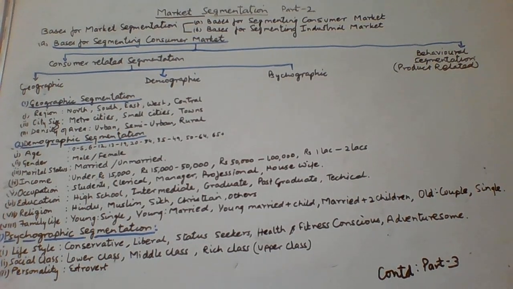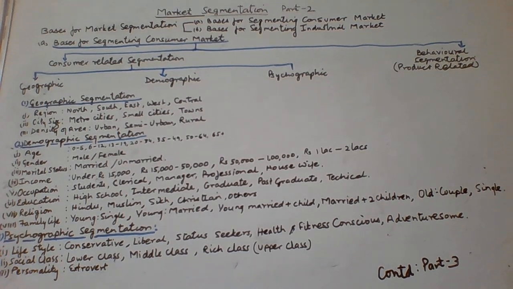The first factor is age. Consumer needs and wants change with age, and some companies use age as the basis for segmentation and offer different products or different marketing approaches for different age groups.